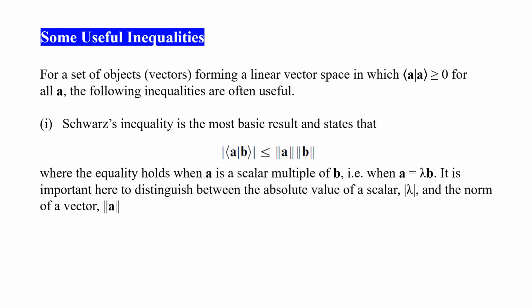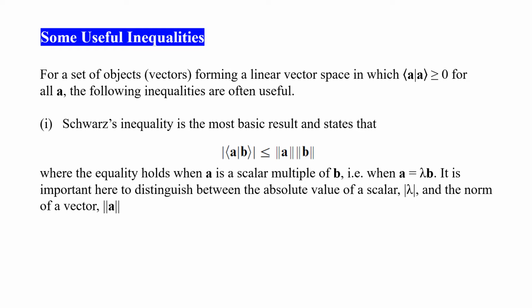Some useful inequalities. For a set of objects or vectors forming a linear vector space in which bra A ket A is positive for all A, the following inequalities are often useful.